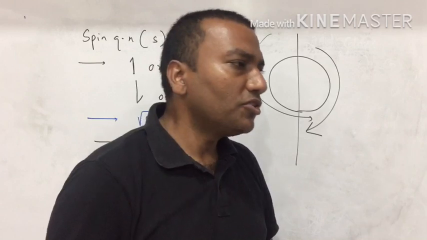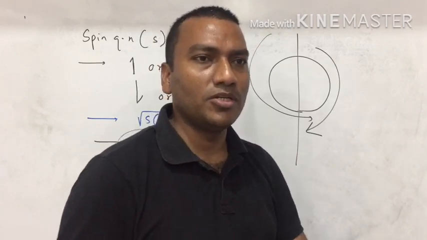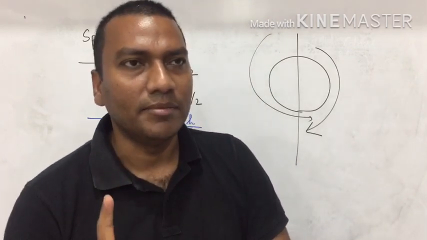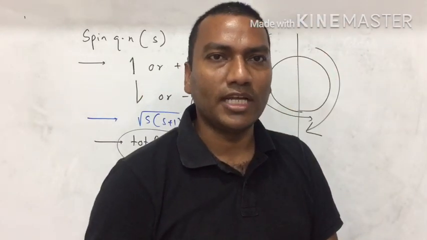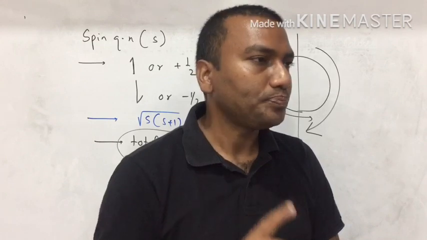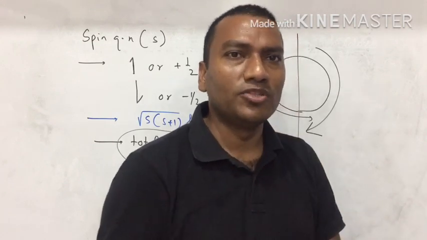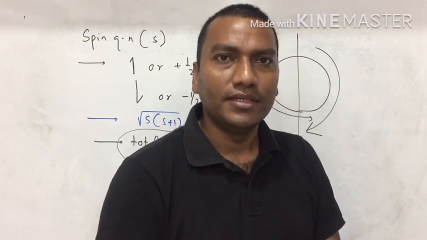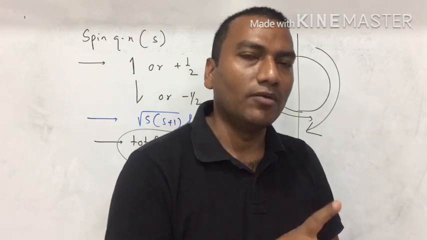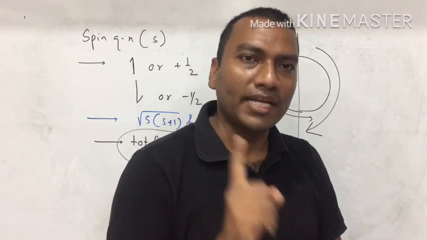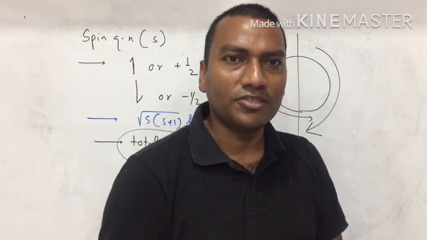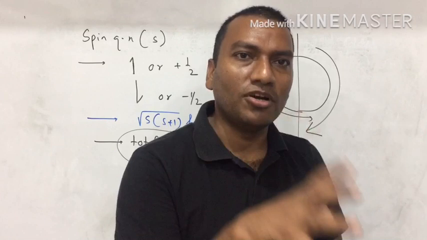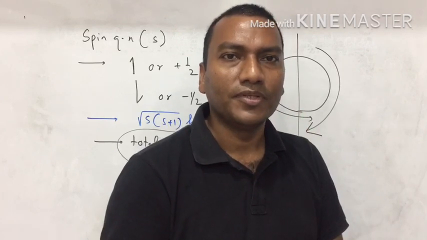So got the idea? These are our quantum numbers: principal, azimuthal, magnetic, spin. Principal is around 8 or 9 points, that means completely Bohr's theory. Then azimuthal gives the subshell, relative energies, angular momentum. Then the magnetic quantum number gives the number of orbitals in a subshell and their shape, which is also called orientation.